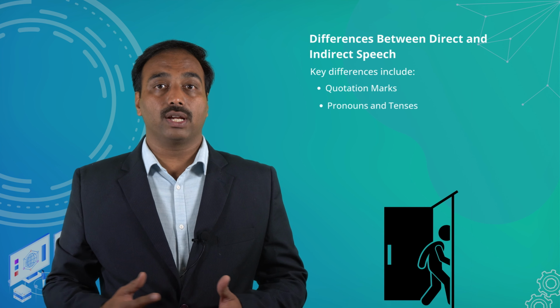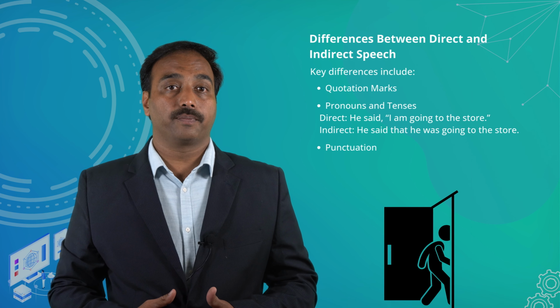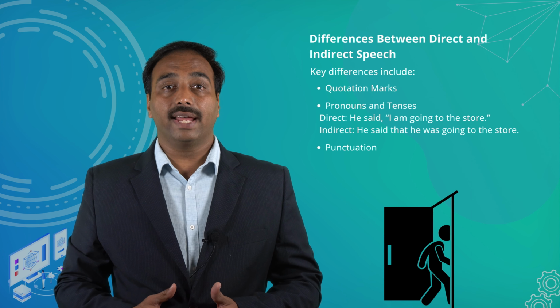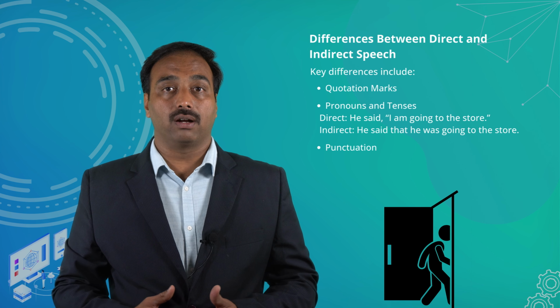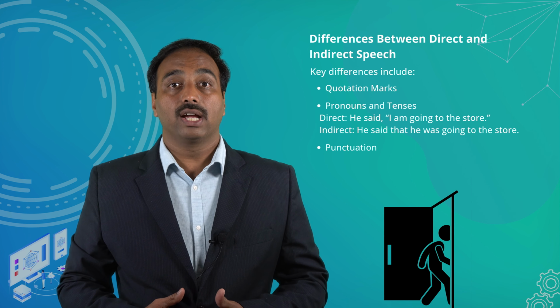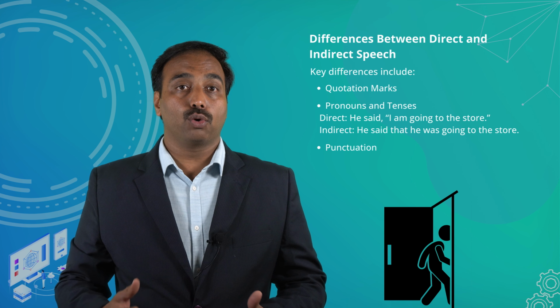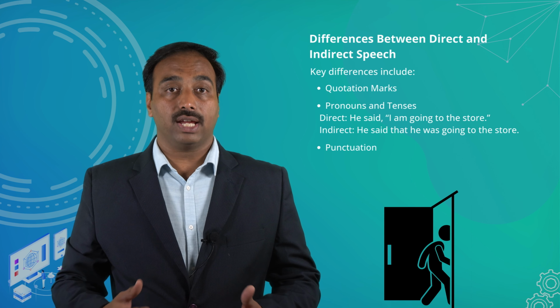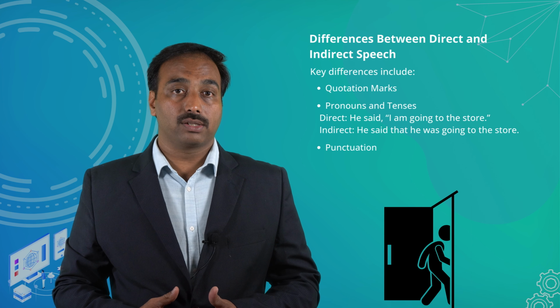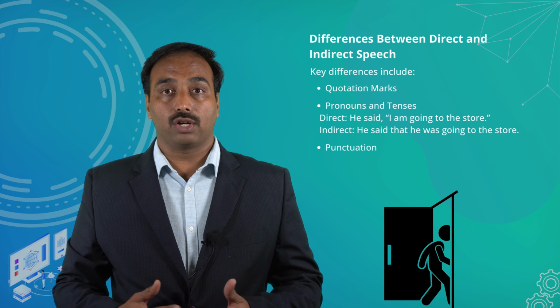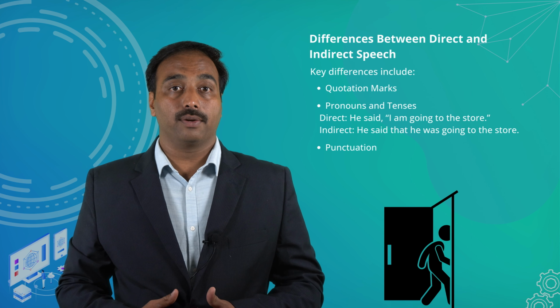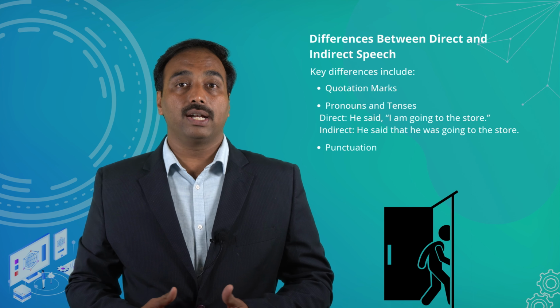Now let us have a look at the differences between direct and indirect speech. While direct speech quotes the exact words of a speaker, indirect speech or reported speech conveys the content of the speech without quoting verbatim. Key differences include quotation marks. Direct speech uses quotation marks, indirect speech does not. Pronouns and tenses.